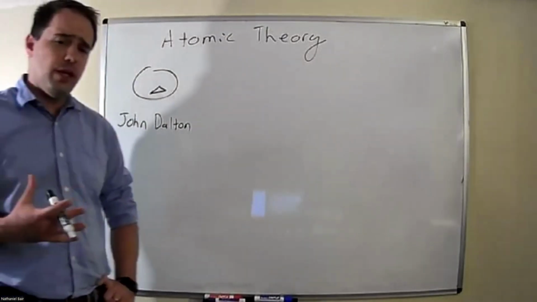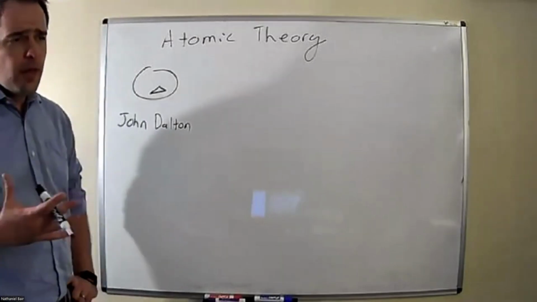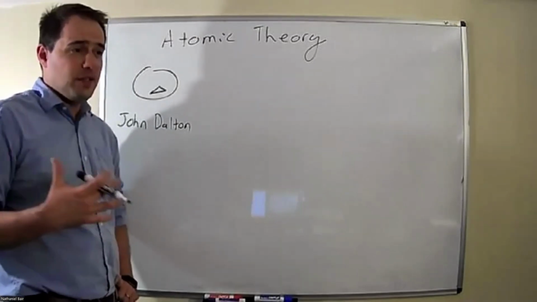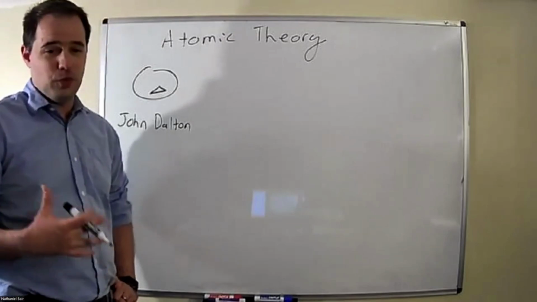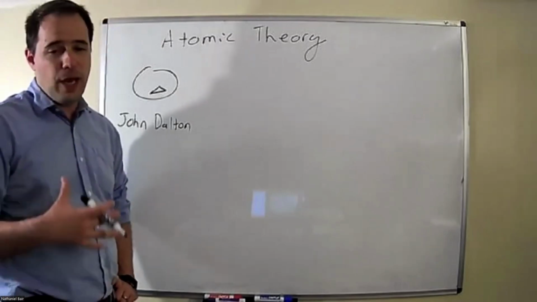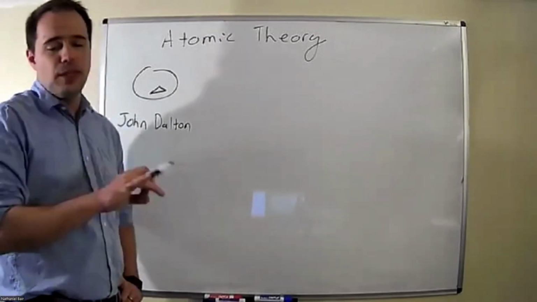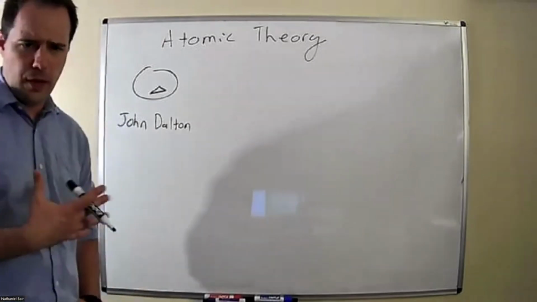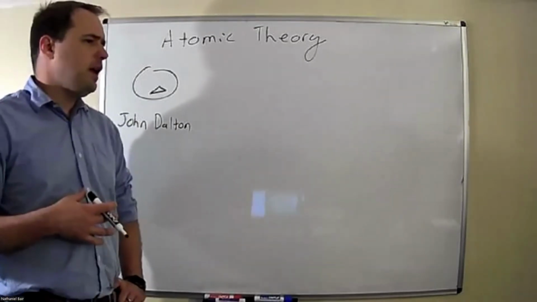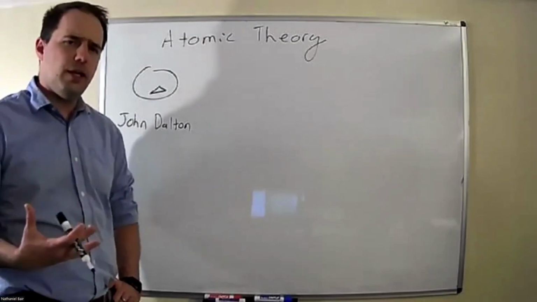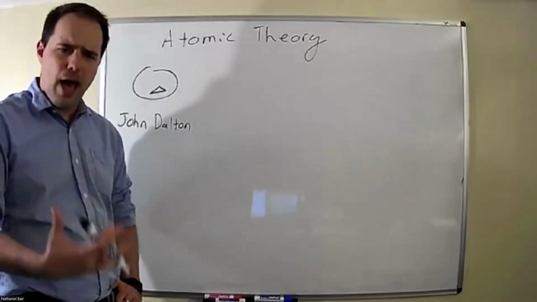John Dalton is rereading a bunch of Greek philosophers. And the idea of the atom actually exists with the Greek philosophers like 2,000 years ago. Atom actually comes from a Greek word. And John Dalton is rereading these Greek philosophers who are talking about matter.